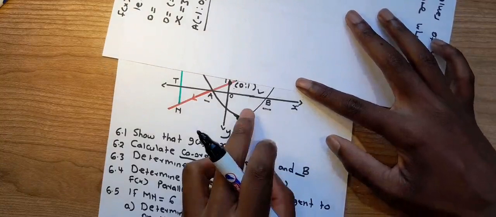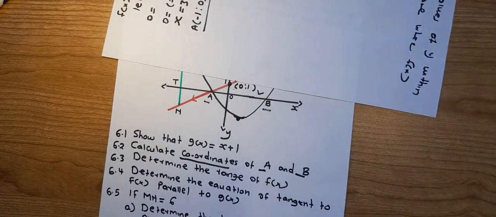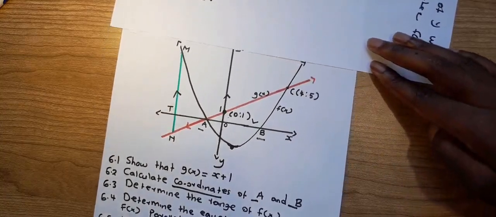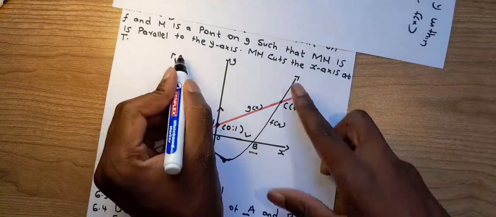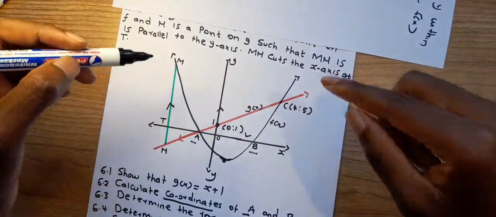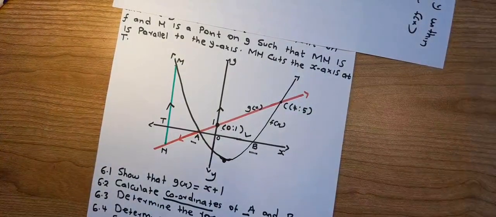In other words, when they ask you about the range, they're asking you, tell us where f(x) is. Now you see f(x) exists at these points going upwards. You have these two arrows, which tell you that this function will continue to spread upwards until infinity. But what did we notice?